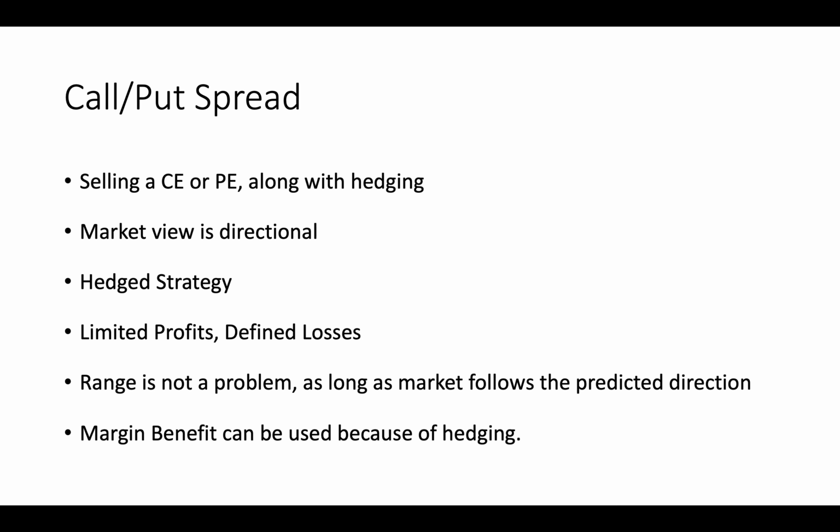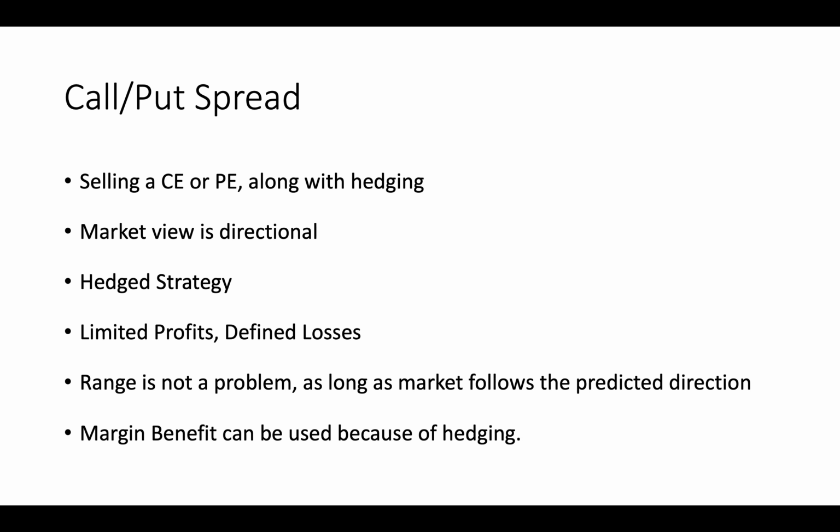So let's first talk about call or put spread. Both have the same idea. So you are basically selling a call option or a put option and you are hedging it. So in this strategy, your market view is going to be directional, and this is a hedged strategy. That means you won't incur unlimited losses. There is generally a belief in option selling that if you are selling options, you have the risk of an unlimited loss, but that's not always the case, because if you hedge your strategy, you have a limited loss and you have your defined losses.